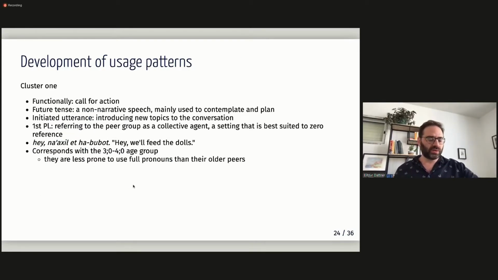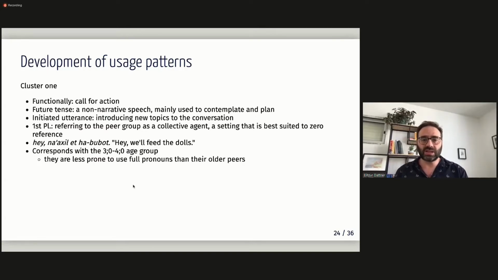So now we can talk about the development of usage patterns, and expand a little bit. Cluster 1 is functionally calling for action. It is a future tense, non-narrative speech mainly used to contemplate and plan.